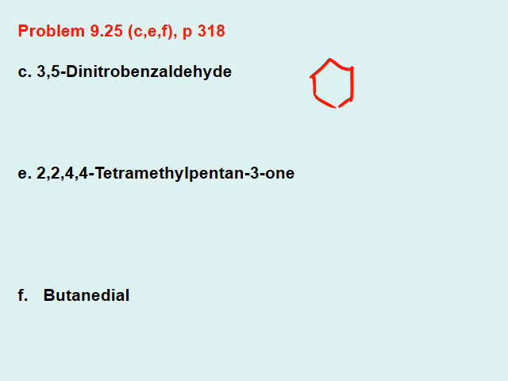So you have a benzene ring, and you'd have CHO. That's benzaldehyde. And this carbon must have 1. So let's number the rest of the carbons in the ring, 2, 3, 4, 5, 6. In this case, it's identical no matter whether you're drawing to the right or drawing to the left.